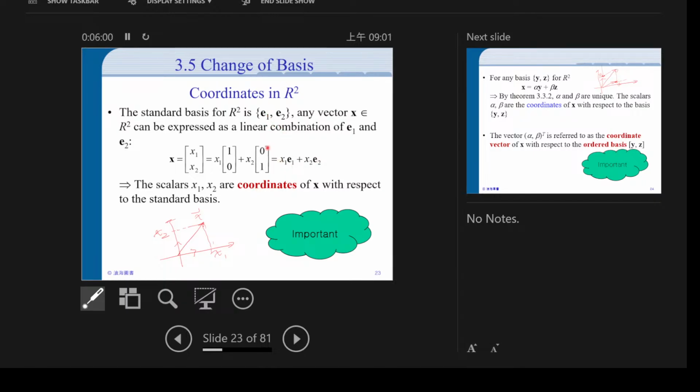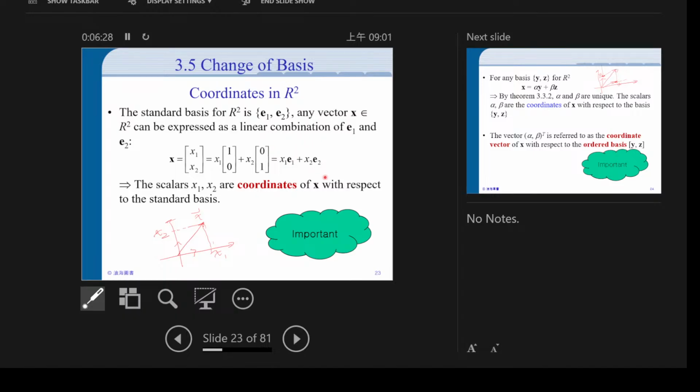R2 has the standard basis e1 and e2, the vector (1, 0) and the vector (0, 1). So any vector (x1, x2) can be written as x1 times (1, 0) plus x2 times (0, 1), so it's the scalar x1 times e1 plus the scalar x2 times e2.